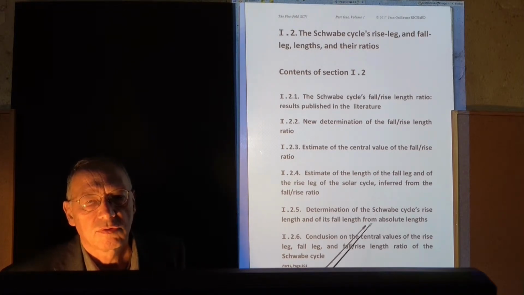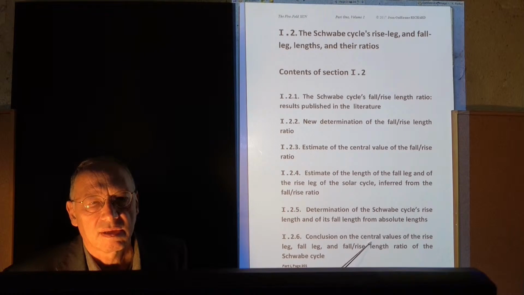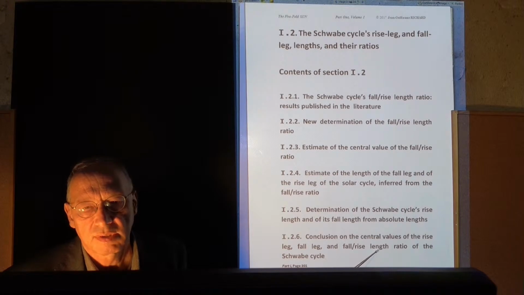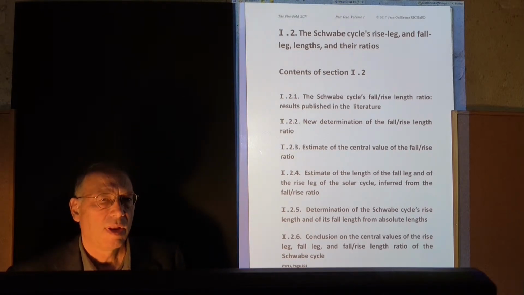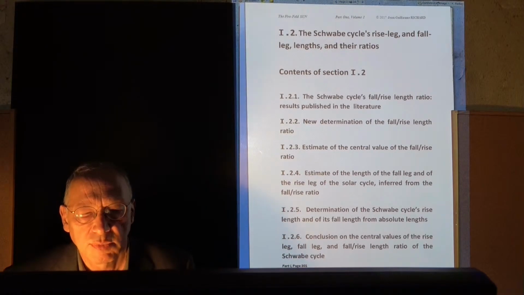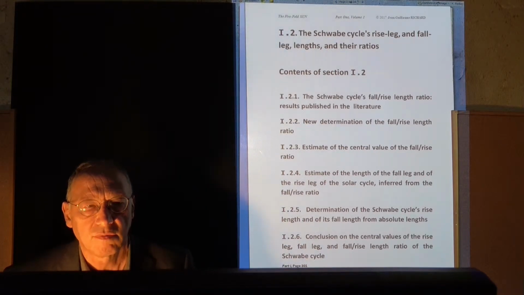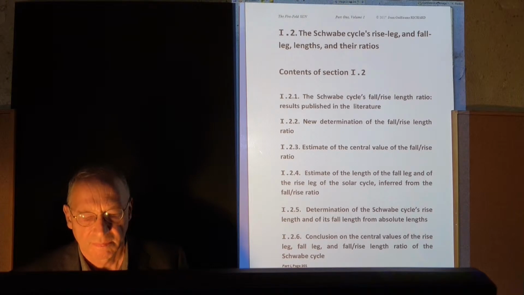In conclusion, we should arrive at robust central values for the absolute lengths of each of the legs, and also a robust, rather precise estimate of the length ratio between these two legs, as well, of course, as the ratio between each of the legs and the overall cycle length.